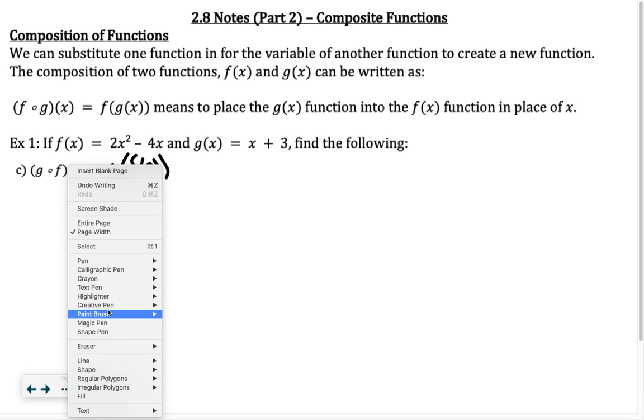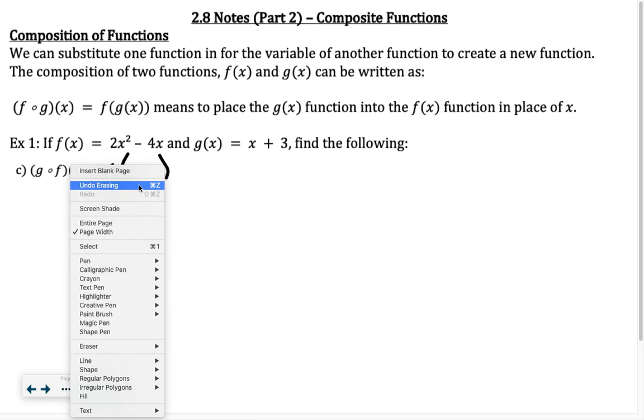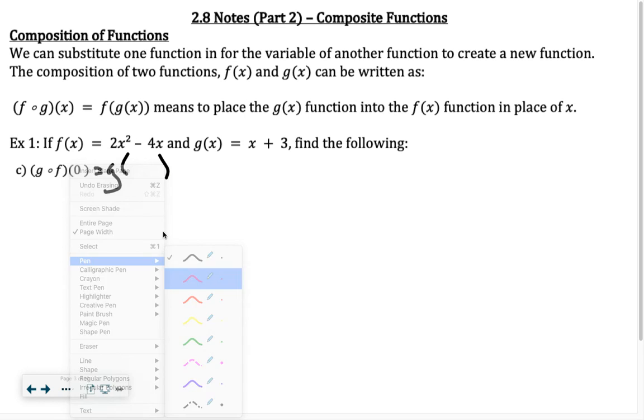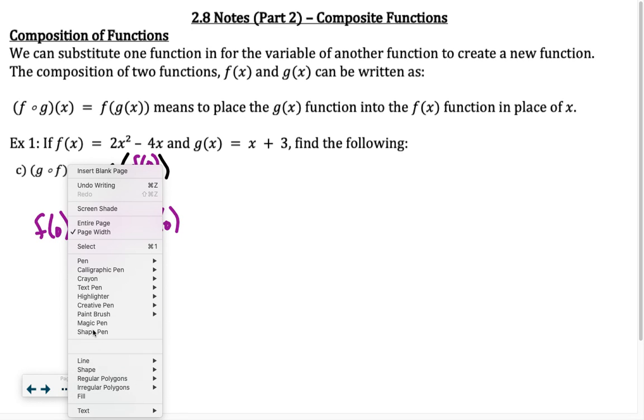All right, so I'm actually going to color code this here. Let's make this purple. So I want to evaluate f of 0. So f of 0 is going to be 2 times 0 squared minus 4 times 0, which is going to be 0 minus 0. That's just going to be 0.